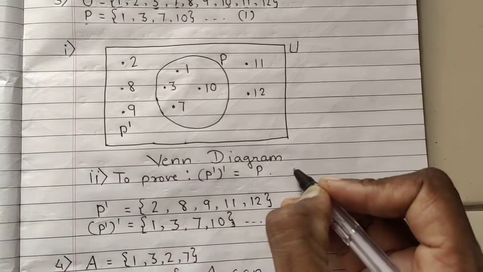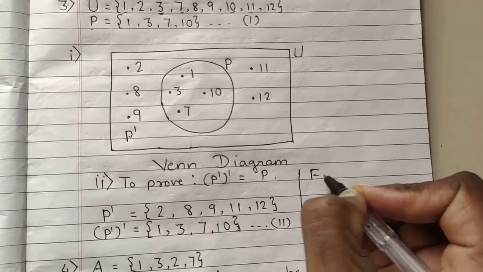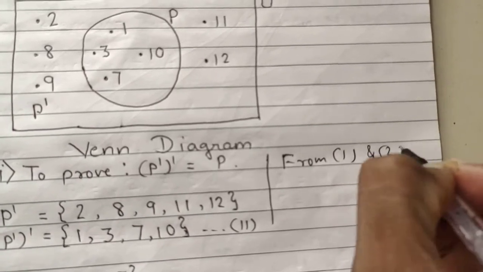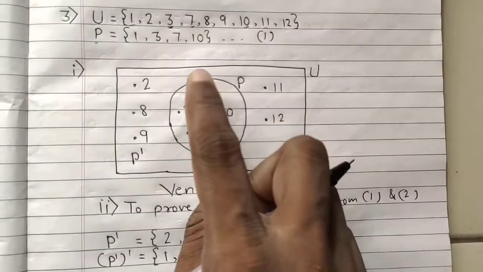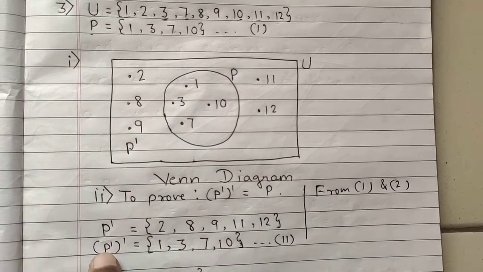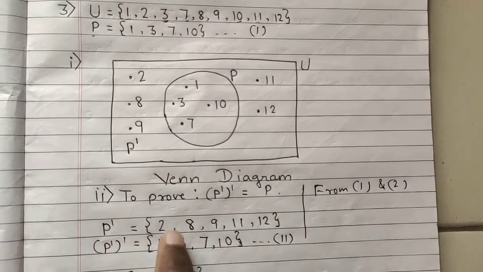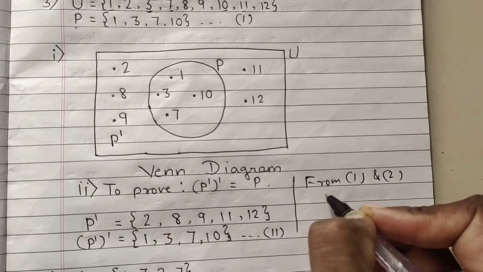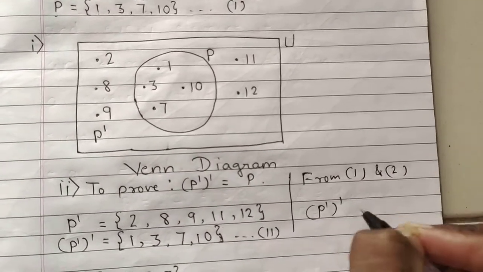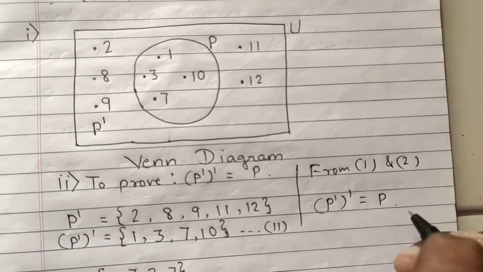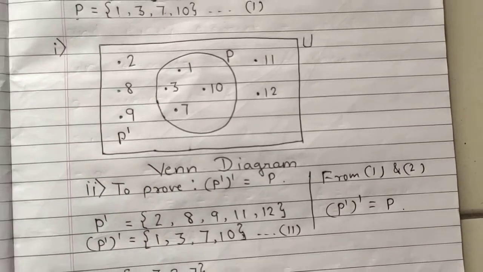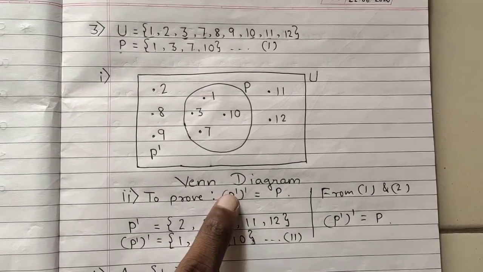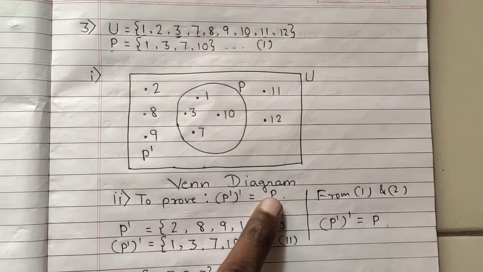So we can write our answer, that is from 1 and 2 you can clearly see set P and set P dash of dash both are containing same element, so we can conclude that P dash of dash should be equal to P. Okay, so in this way you will verify that complement of complement becomes equal to that set.